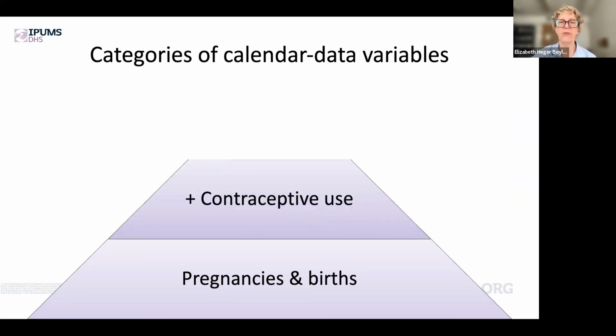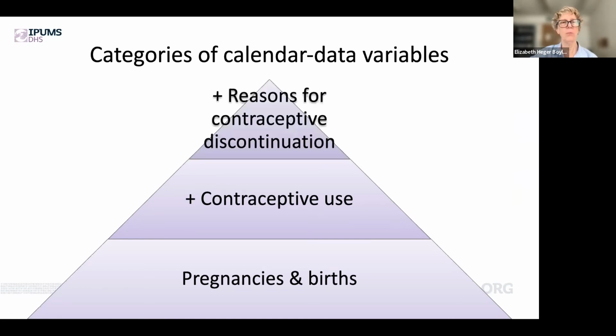Most countries also include information on contraceptive use and the continuation or discontinuation of contraceptives. So that's the second category. And then quite a few, particularly recent surveys, also include reasons for contraceptive discontinuation. And so it's important to note that not all calendar data variables are available for all surveys.